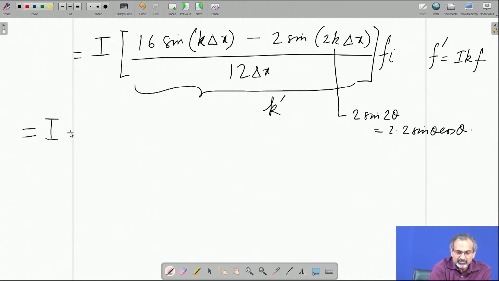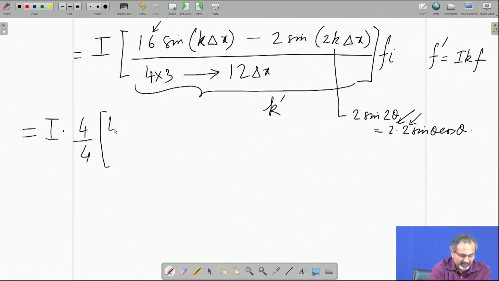So, that means once you do that, you can have a 4 coming out here, and then you already have a 16. That means 4 will come out as a common factor from the numerator. You also have a 4 into 3 from the denominator. So, the 4 cancel out whatever you extract as common factors from numerator and denominator.